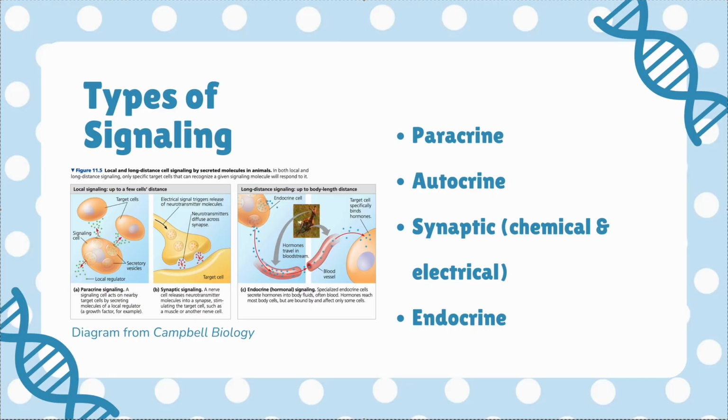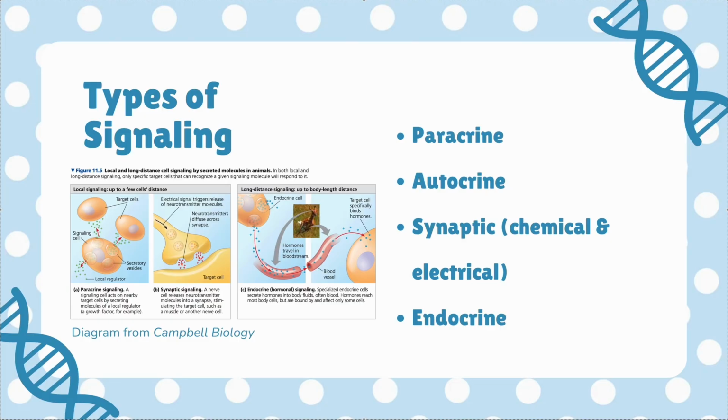And then finally, there's endocrine signaling, which is when hormones or other signaling molecules are secreted into the blood. And then through the blood, the signaling molecules can travel long distances throughout the body.